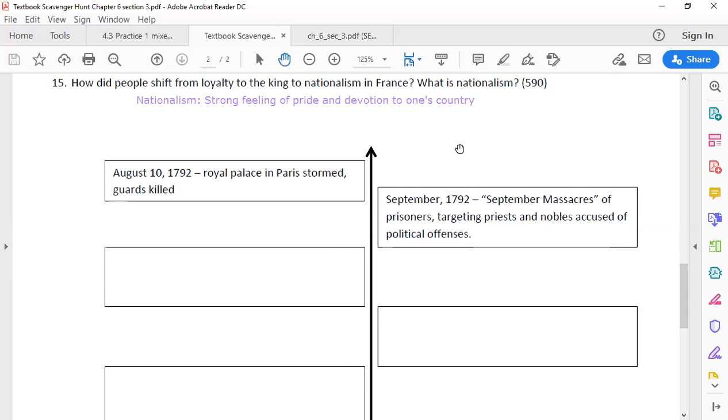So, we're going to go ahead and jot this down. I'm going to type this one out, even though it's handwritten. In the past, people had felt loyalty to local authorities.